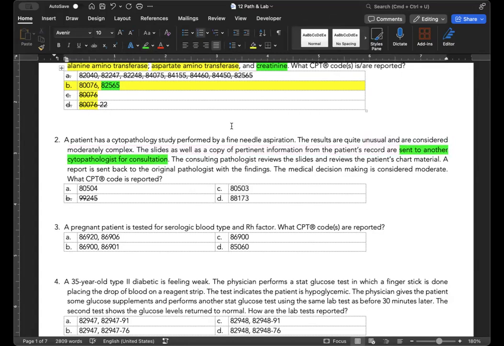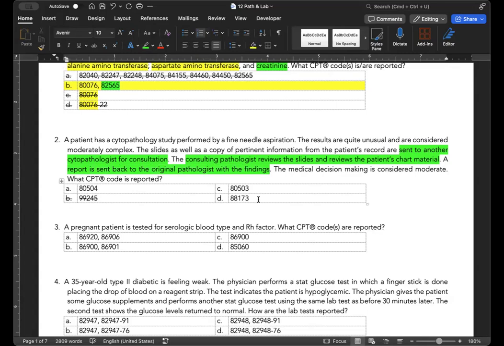So that is our first R. The second R is they have to render the service. So they are reviewing the slides and then reviewing the patient's chart material. And then the third R is they have to respond with that written report. So they've also written back or responded with that written report with the findings.